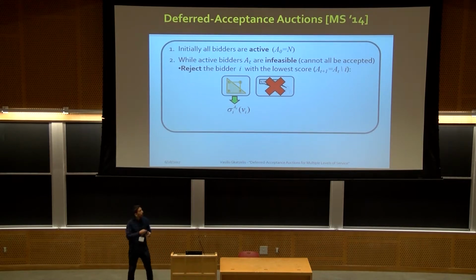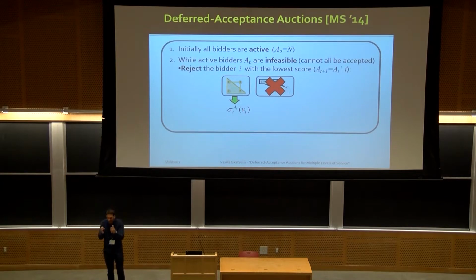It can depend on its own value. In fact, it's a non-decreasing function of its value. The higher the bidder's reported value, the higher its score, but it cannot in any way depend on everyone else's. So essentially, you look at each one of the bidders in a vacuum, and you just come up with a score. You look at the scores, whoever has the lowest score is rejected, and just continue. Yes.